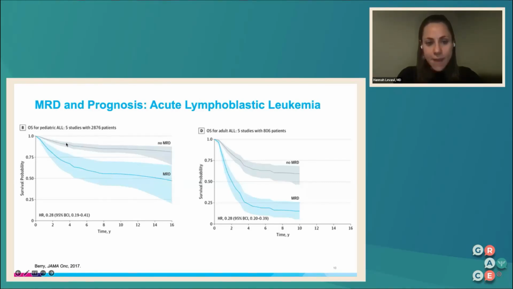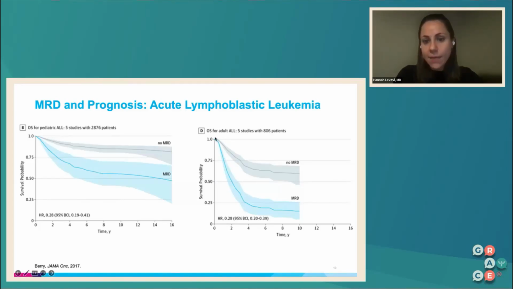And this points to the fact that if you still have these tiny, minute amounts of disease left over even after a patient goes into remission, those cells can reemerge and result in a relapse and ultimately a poor prognosis for patients. This is seen very clearly here in this curve of patients from pediatric papers.